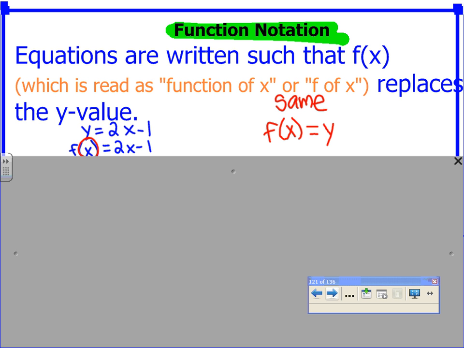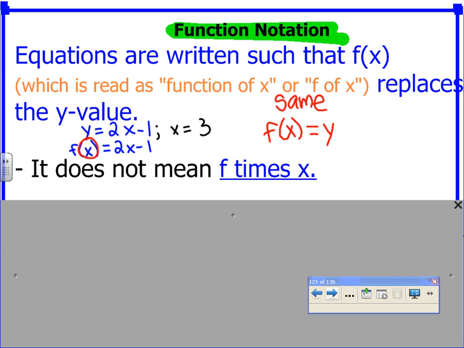You put the 2 into the parentheses and you solve. It's a lot easier to do that than write out an equation in y equals form and then say solve when x equals 3, or to write all of that out. So again, in Algebra 1, we are using function notation to make it easier to find values of x.